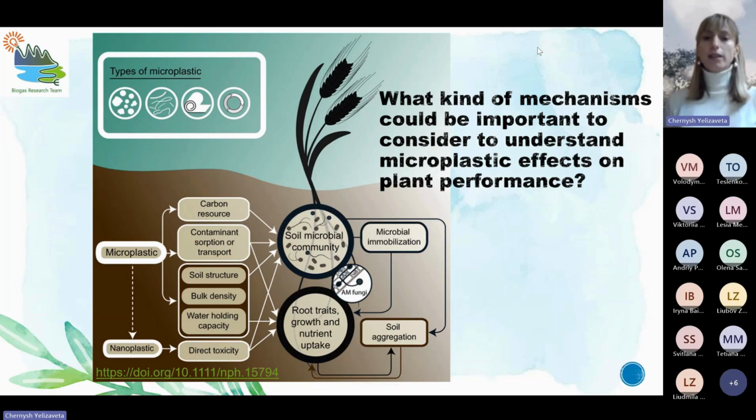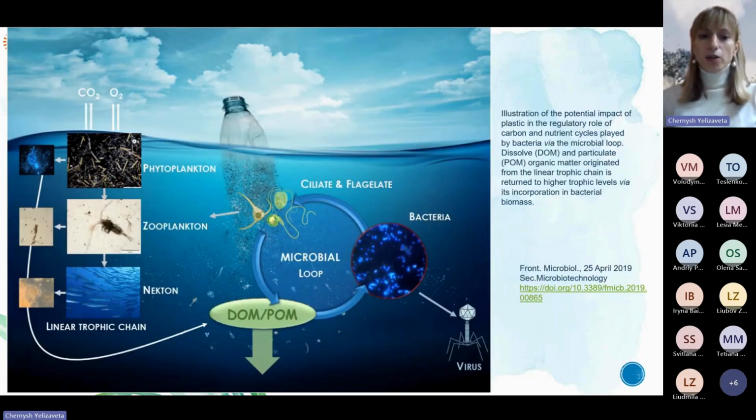So it's a different investigation of this type of contamination also, and our connection with the potential impact of that type of pollution and how it's involved in the carbon and nutrient cycle, the biochemical cycle of transformation using bacteria.